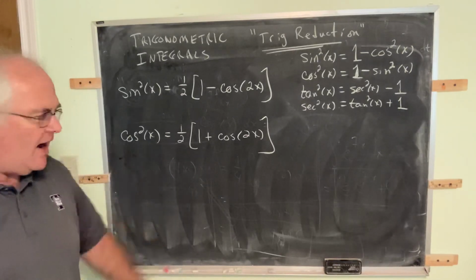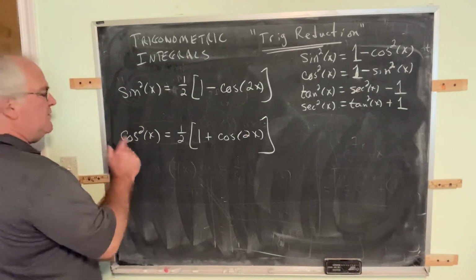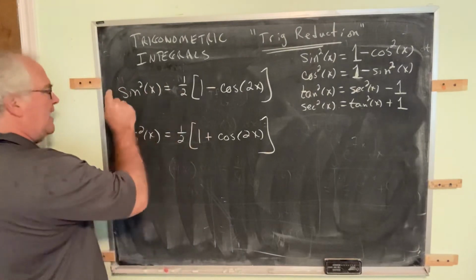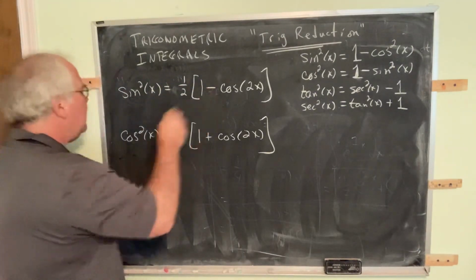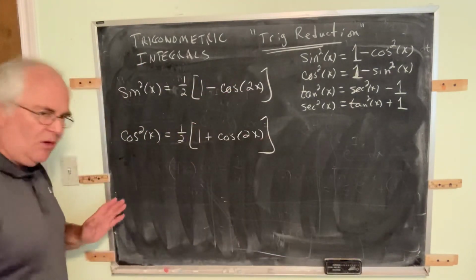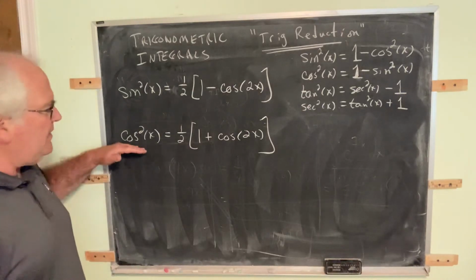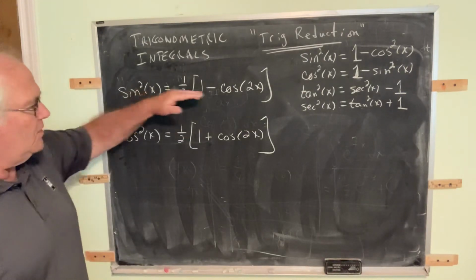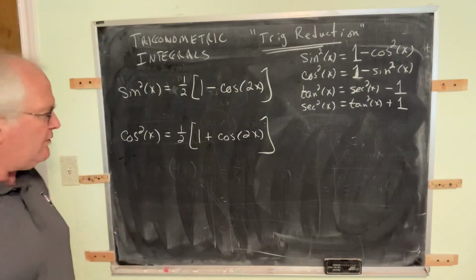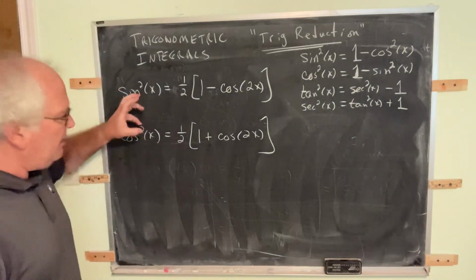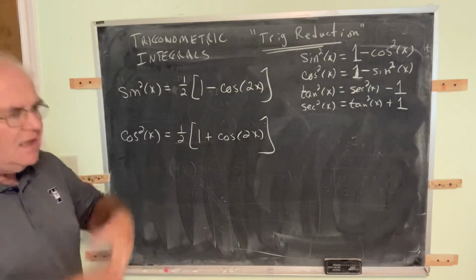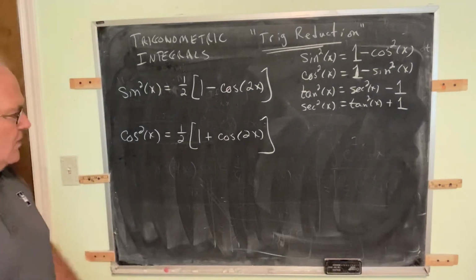And my memory device is the antiderivative of cosine is positive, the antiderivative of sine is negative. Now, this isn't the antiderivative, that's not the point. But cosine, the integral is positive, sine, the integral is negative. That was my memory device for remembering this, because typically these get used in the process of finding an antiderivative.